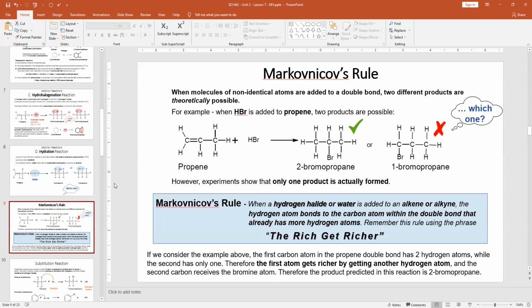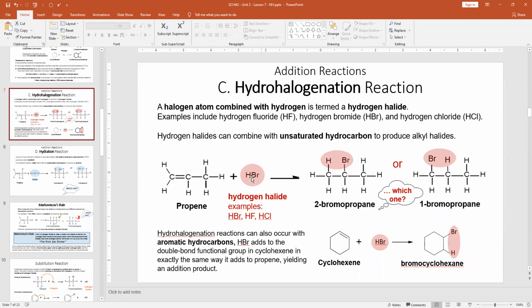In Markovnikov's rule, you have molecules of non-identical atoms added to a double bond, as is the case here, where you have a hydrogen and a bromine. They're not identical: both of them are not hydrogen, both of them are not bromine. There's one hydrogen, one bromine.